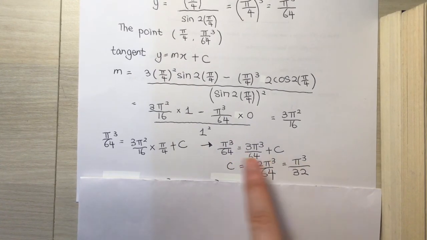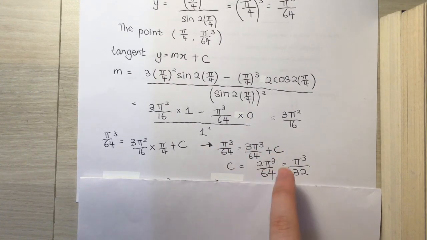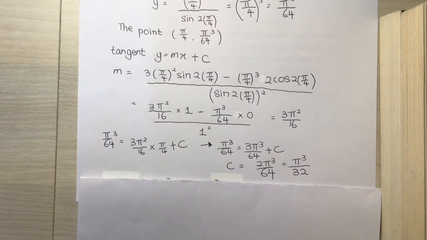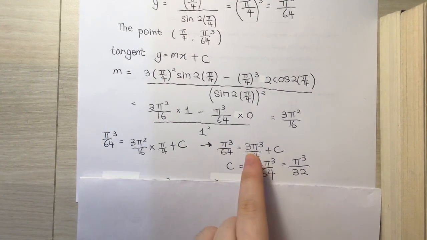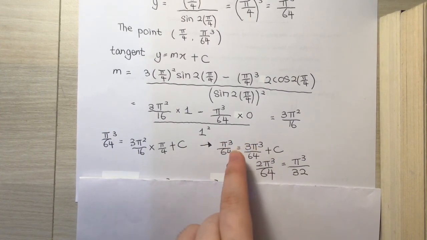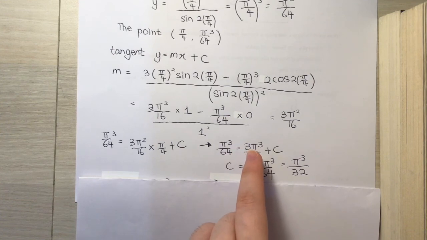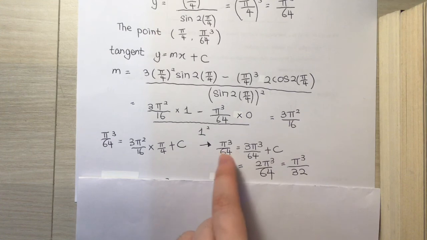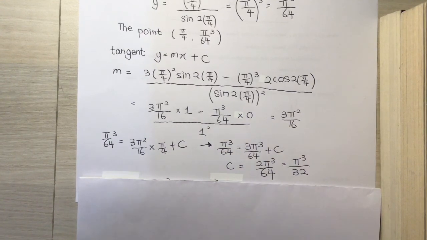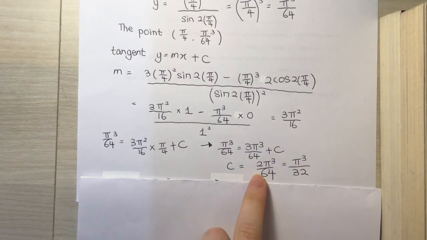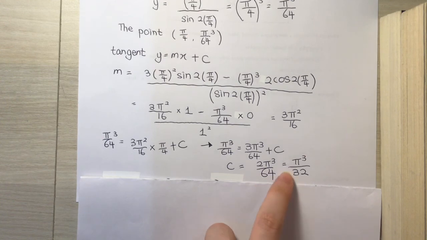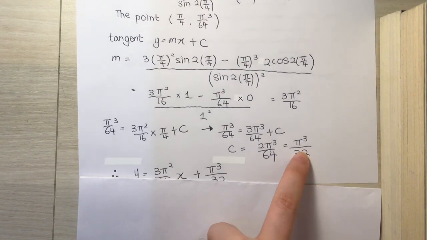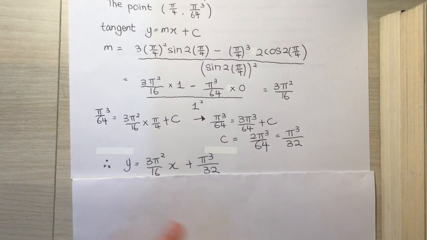Normally when you come to this part, you don't have to press the calculator, because the pi cubed here is a constant. All you have to worry about is the function over here. So here basically means 3 over 64 plus something that gives us 1 over 64. In this case, c is obviously equal to 2 pi cubed over 64, which can be simplified to pi cubed over 32.